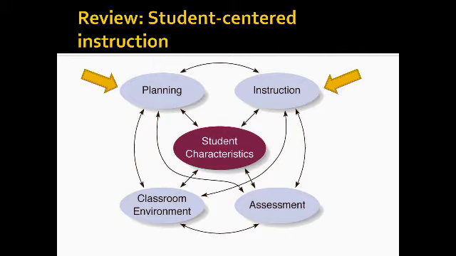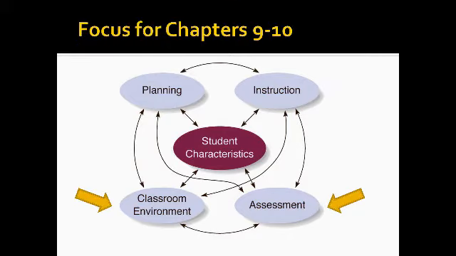But what we haven't really gotten to yet is the classroom environment and how that affects learning, and also assessment and how that affects learning. So I'm going to start with classroom environment today. We'll finish the semester with assessment, and I think you'll find that this stuff might be more interesting than you thought it was. Hope so.